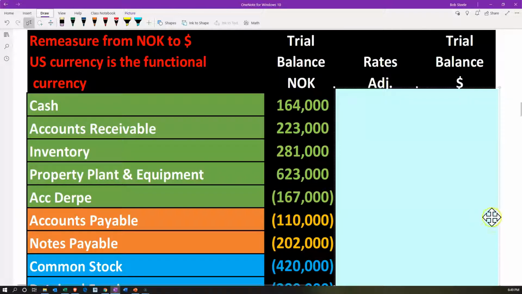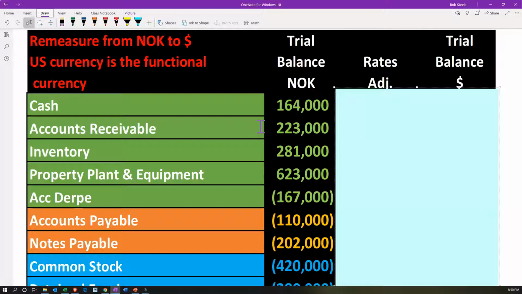However, we cannot do that because, again, if you think about what type of exchange rate we would use, you would say, well, balance sheet accounts are as of a point in time, as of the end of the year, so maybe we should be using the exchange rate at the end of the year. That would make sense.